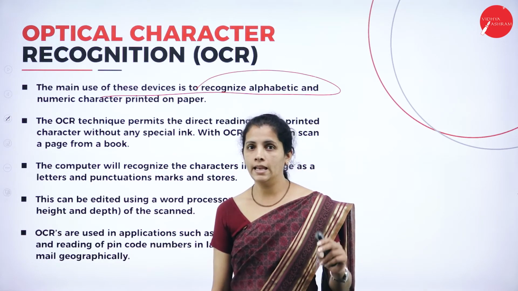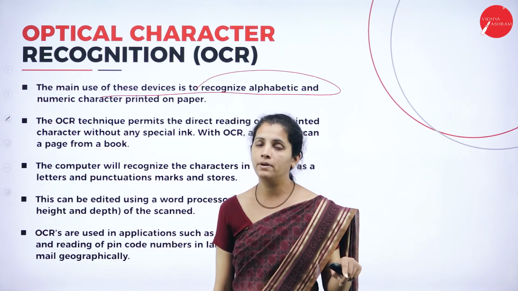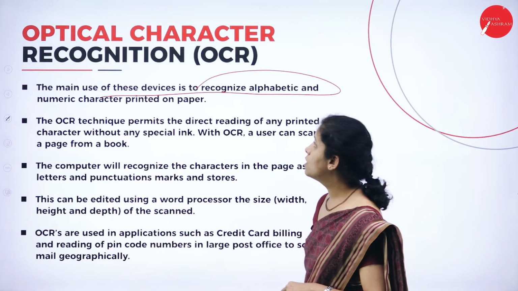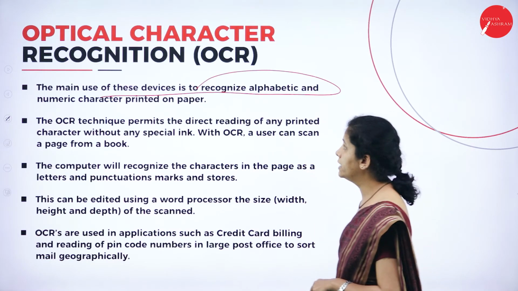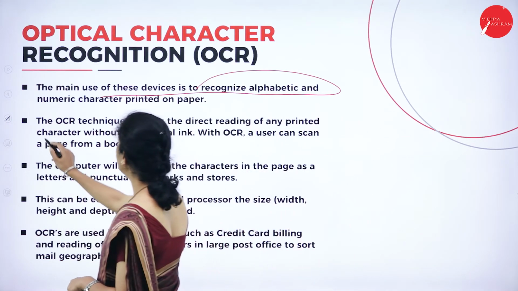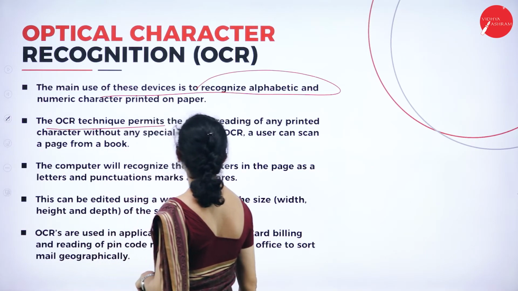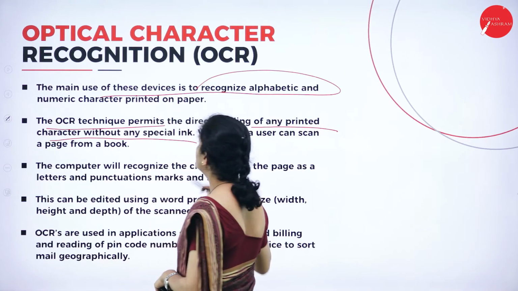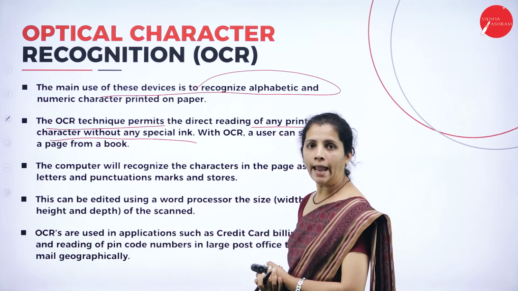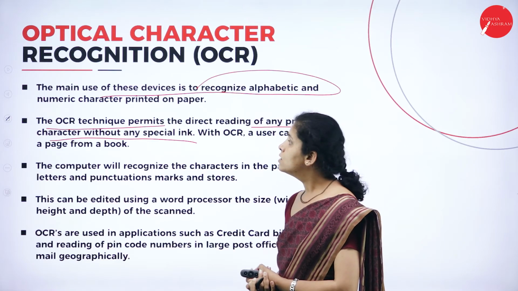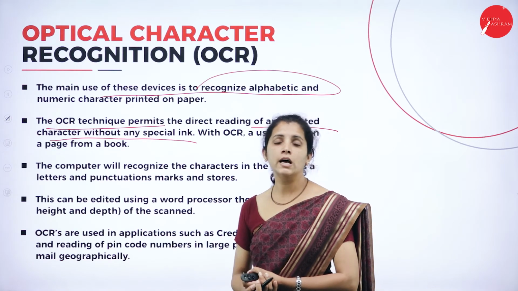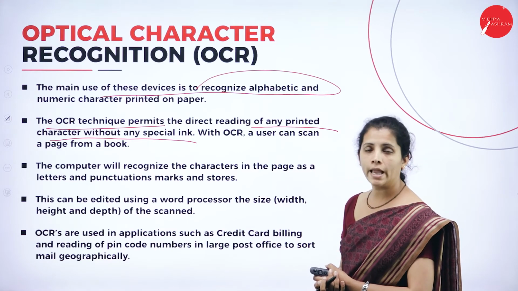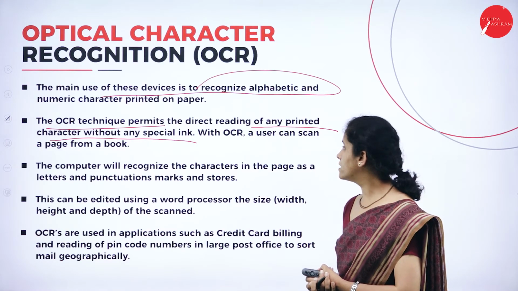To read any character or any numbers on the paper, I am going to use an optical character reader. The OCR technique permits the direct reading of any printed character without any special ink. That means OCR helps to read the content on the paper without any special ink.